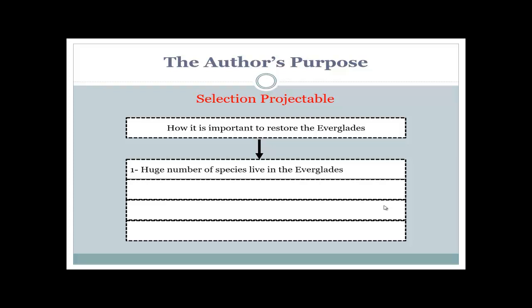The author mentioned that. Detail number two, unique habitats are found in the Everglades. Each habitat has its own animals and plants that are adapted to live in such an environment.